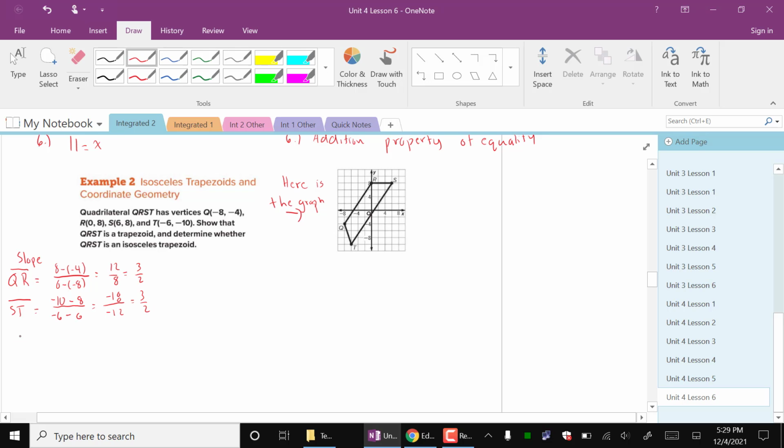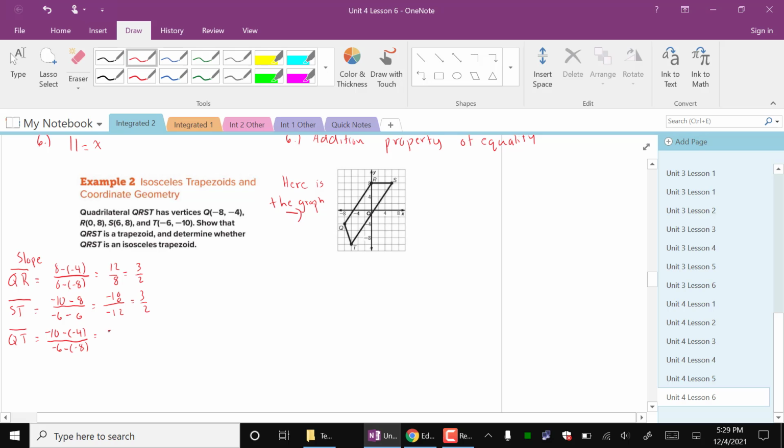Keep going. Next up, let's take a look at QT. We did QR, now we're going to do QT. We want to see if these two are parallel. If we look at it, they're not, but we're going to show through math because sometimes looks can be deceiving. Negative 10 minus negative 4 over negative 6 minus negative 8.